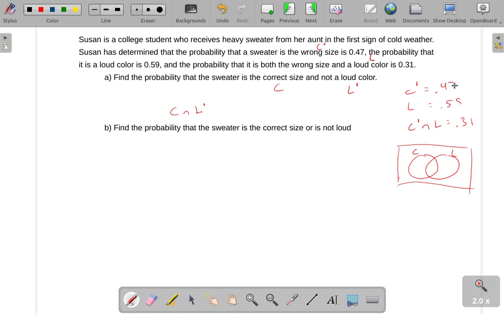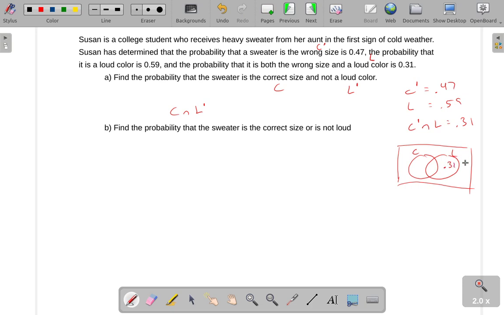I know that C complement intersect L is 0.31. If you're outside of C but inside of L, that region is C complement intersect L, and we know that's 0.31.